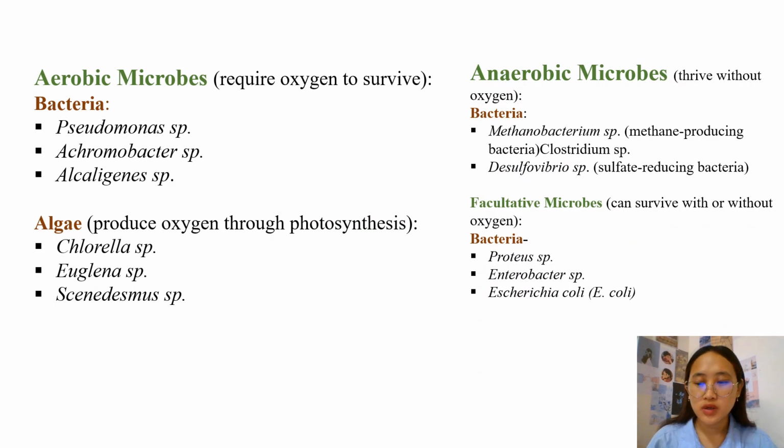These are the examples of microbes present in those ponds. Aerobic microbes include Pseudomonas species, Achromobacter species, Alcaligenes species, and anaerobic microbes are Methanobacterium species and Desulfovibrio species. Methanobacterium produces methane, and Desulfovibrio species are like sulfate reducing bacteria.